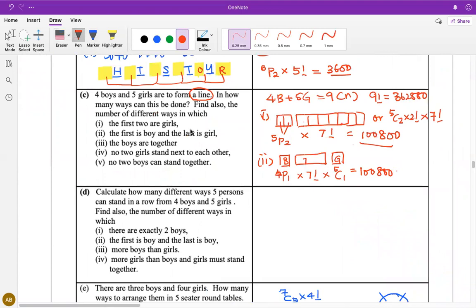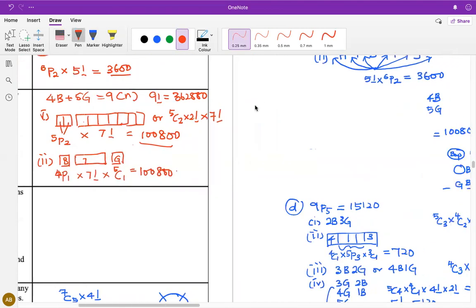So the 4 boys are together, 4 boys and 5 girls. 1, 2, 3, 4, 5. Girl, girl, girl, girl, girl.